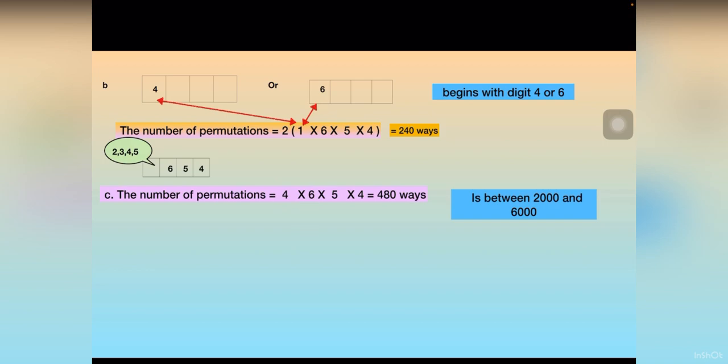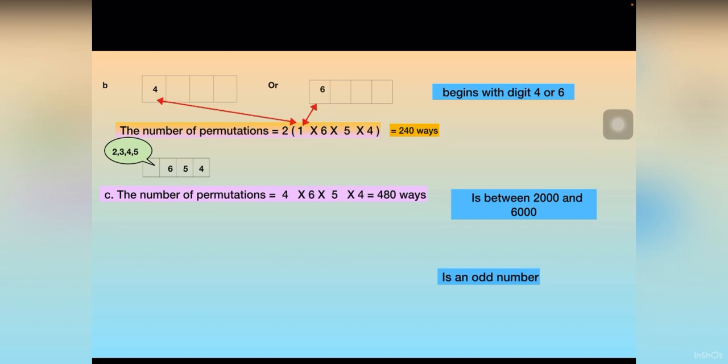After that, 2 is already taken and we have 5 choices. And then 3 is already taken and we have 4 more choices. This is the first digit, second digit, third digit, and the fourth digit. And we have 480 ways.